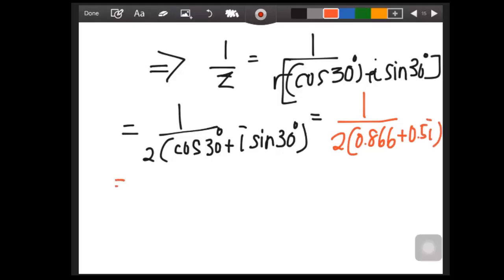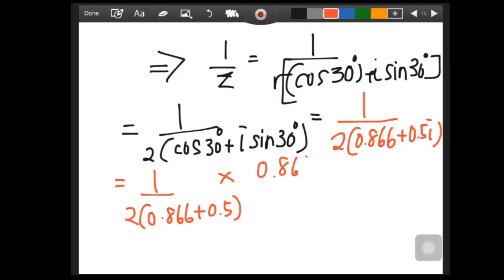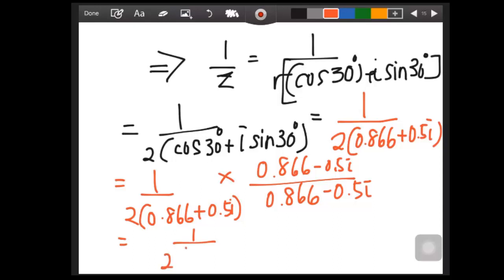Okay, so apa yang kita boleh buat? So kita akan darab lah. So 1 over 2, 0.866 ni tadi. So kita akan darab dengan dia punya conjugate lah, 0.866 minus dengan 0.5i. Okay, so yang ini bawah dia kita akan dapat 0.866 kuasa 2, dan kita ada minus 0.5 kuasa 2, and then i squared lah.